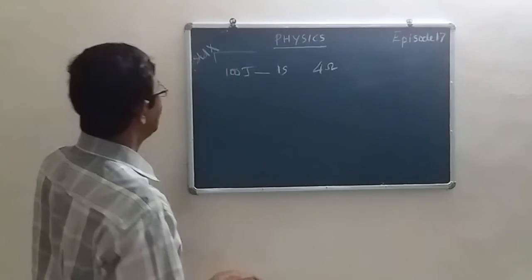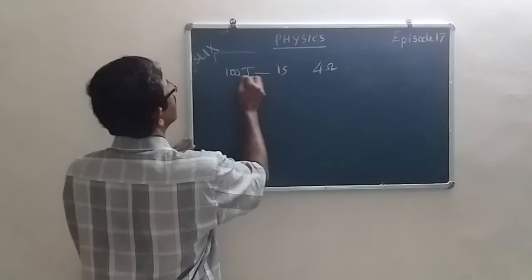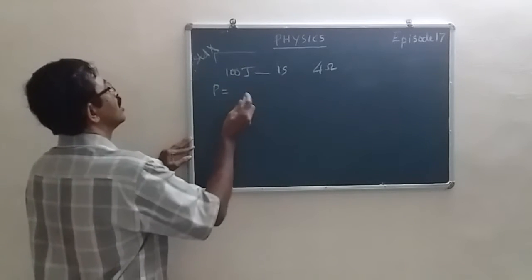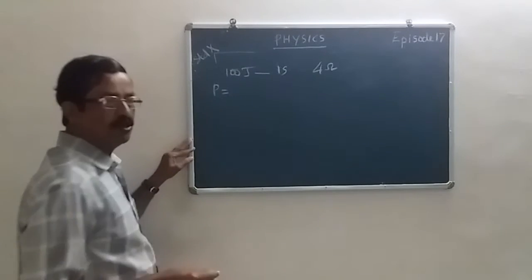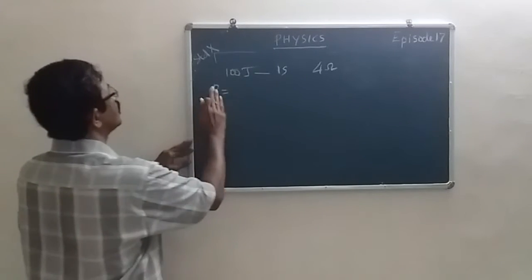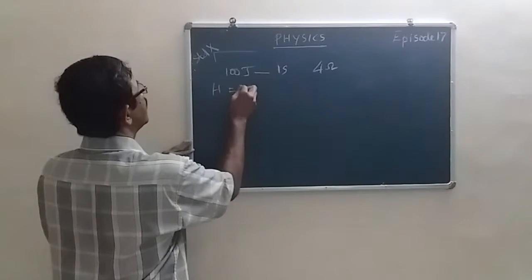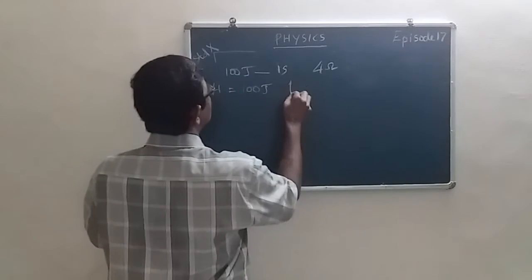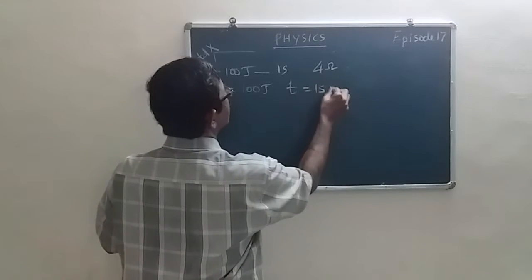See, we know here time, that means power is given. That means the heat produced is given. H is equal to 100 joule. Time is equal to 1 second.